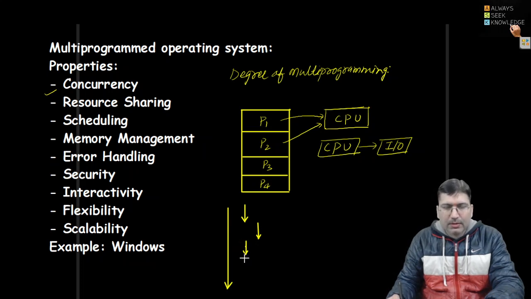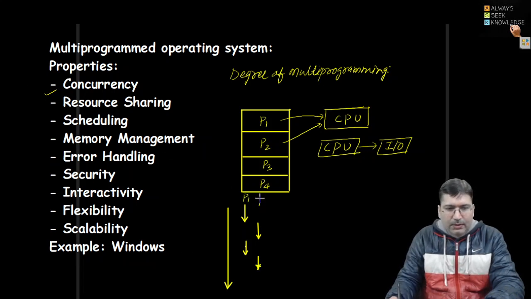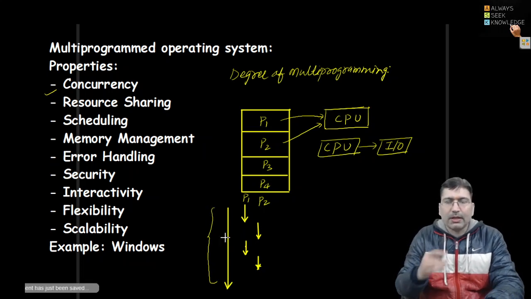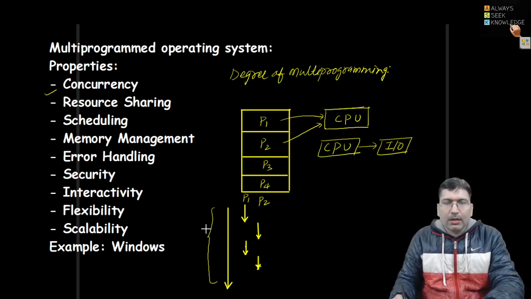If P1 starts IO, then P2 will get the CPU control and it will execute like this. So within a time frame, this is the timeline for P1 and this is for P2. If I consider this overall period, more than one process is executing. Such kind of execution we consider concurrent execution.